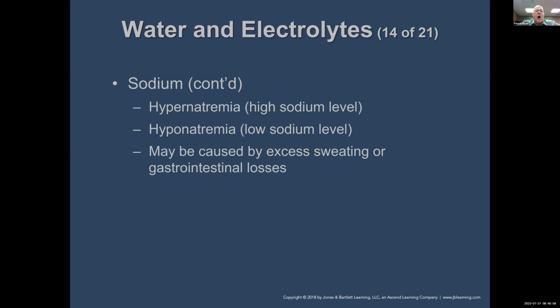And then the opposite of that, hypernatremia, can be created through lack of water, right? So we're not able to excrete out the necessary sodium that's over what we should have. There are other ways that sodium can be high or low, but in this case, we're just keeping it at an example of, let's say, sweating or GI issues, right?